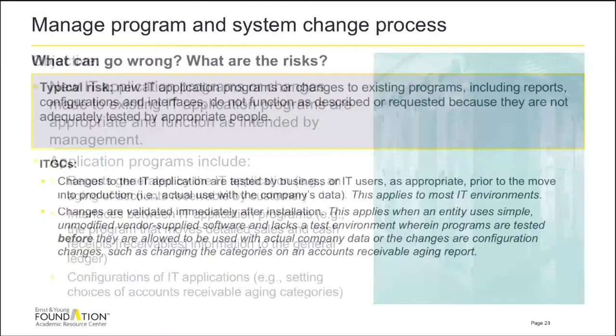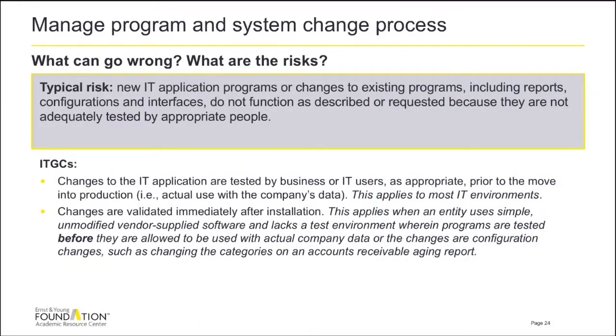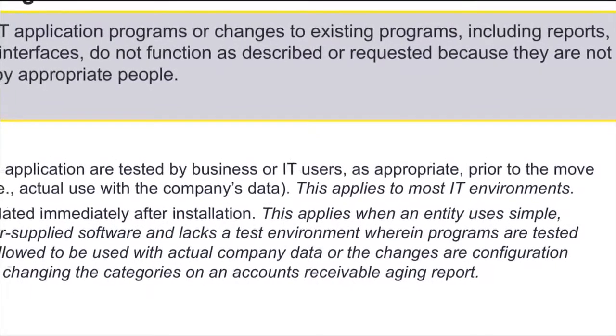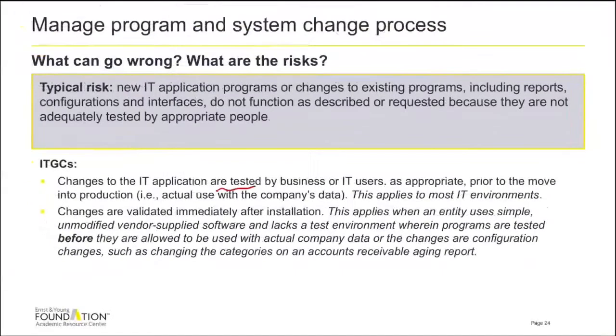So what can go wrong and what are the risks? So typical risk, new IT application programs or changes to existing programs, including reports, configurations, or interfaces do not function as described or requested because they are not adequately tested by appropriate people. So changes to the IT application should be tested.